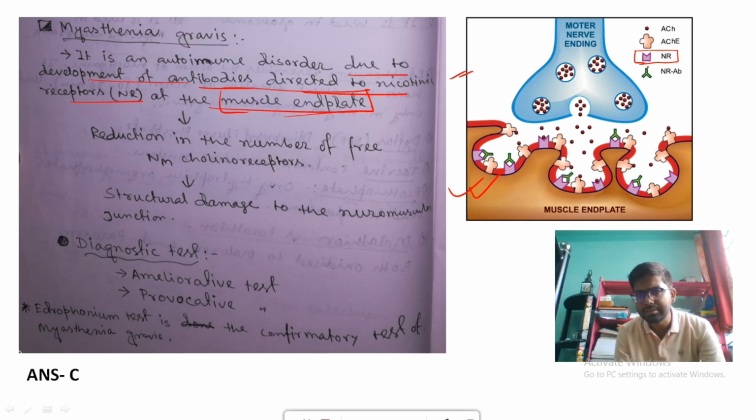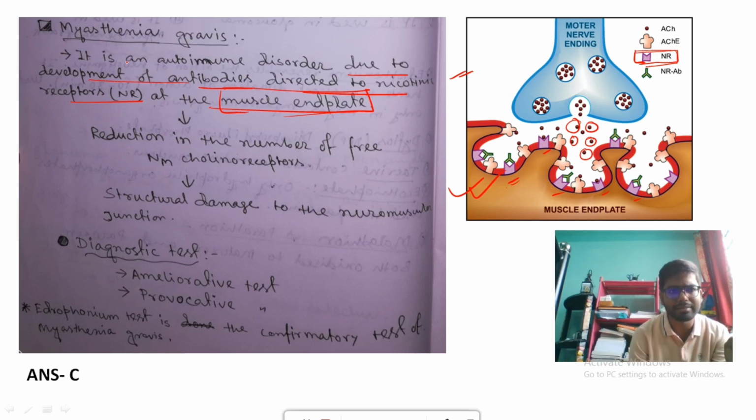These are the nicotinic receptors present in the muscle end plate. Acetylcholine is secreted from the presynaptic neuron, and this acetylcholine binds on the nicotinic receptor present in the muscle end plate.